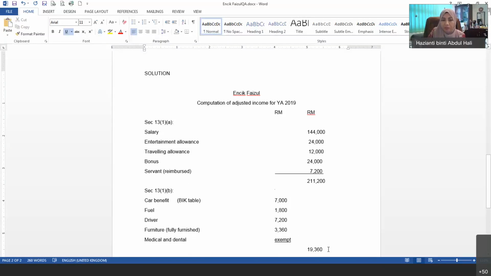Any question? Madam, untuk fuel tu kan, kalau dia tak mention, kita consider dia ada fuel lah. Generally, when you get a car, you will get a fuel. So terus tambah je lah. All right, any other questions?